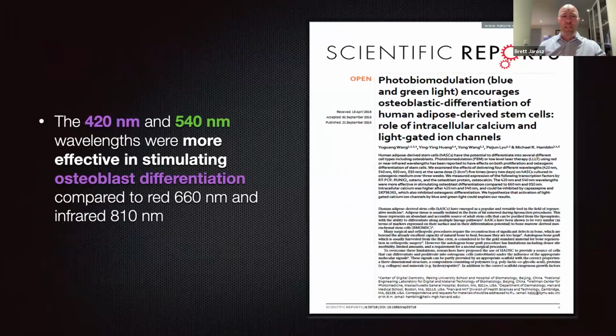So the 420 and 540, as you can see, I'm trying to color code them for you whenever they're talking about a particular complex or color. 420 nanometers, the violet wavelength, and 540 nanometers, the green wavelength, were more effective in stimulating osteoblast differentiation compared to the red 660 and infrared 810.